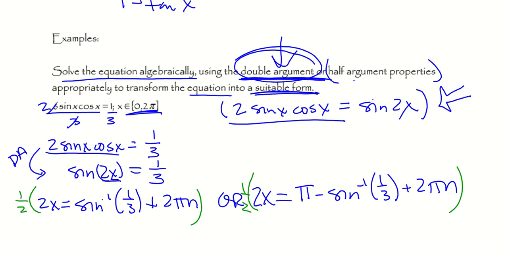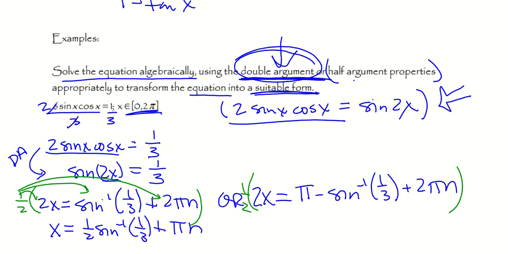then I take that 1/2 and I'm going to distribute it to both sides of the equation and to both sides of my addition, and I end up with x equals 1/2 the inverse sine of 1/3 plus pi n, because 1/2 of 2 pi n is just pi n.